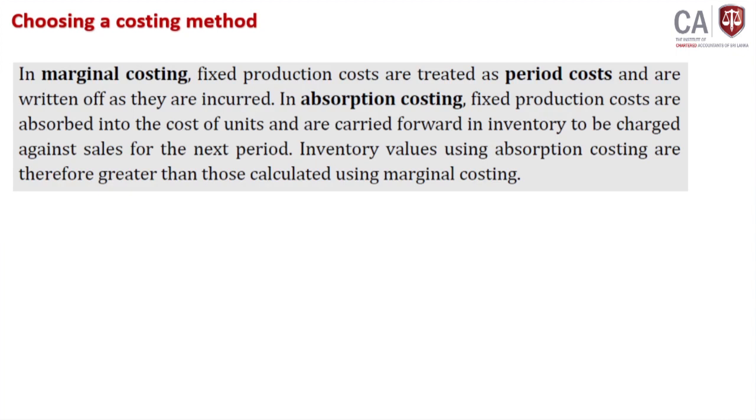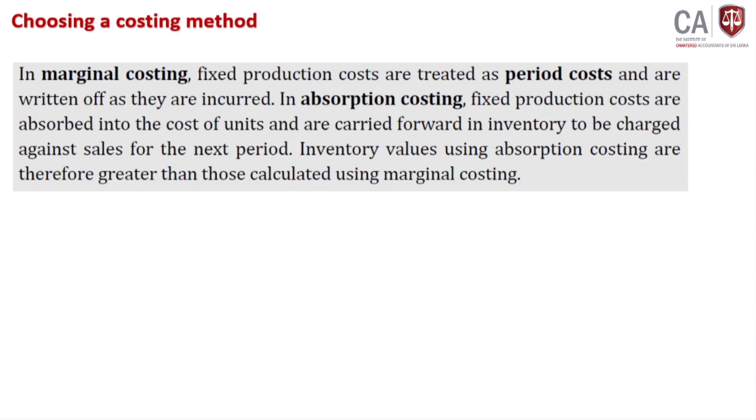So, in this statement, what you need to understand is that the difference between marginal costing and absorption costing is the treatment for fixed production cost. That is the first thing you need to understand.